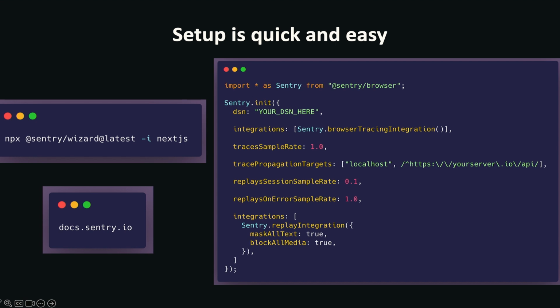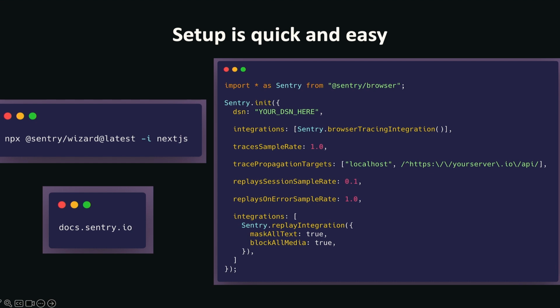Okay, so you might be thinking, that's all great, but I have a tiny team, or I'm an indie developer. I don't have the budget, I don't have the people to make this whole system work, right? The good thing is that it's fairly simple. For most of our SDKs, we have a wizard that helps walk you through setting up the SDK in the terminal.